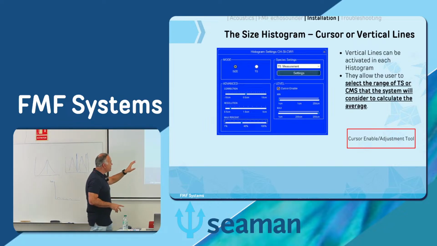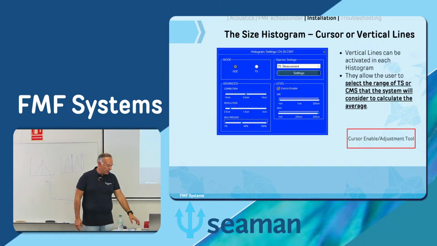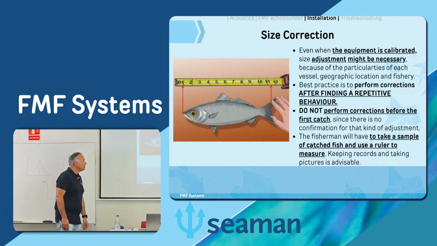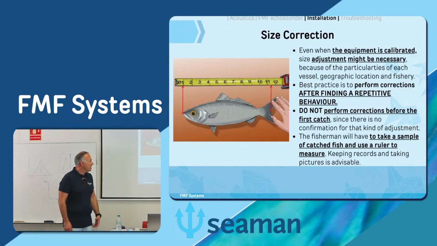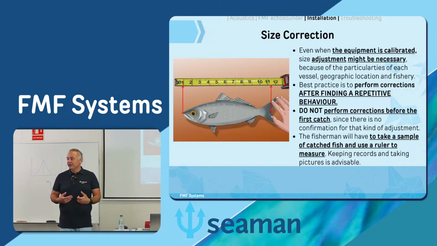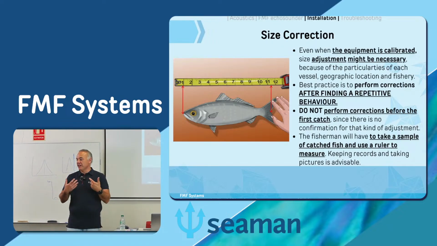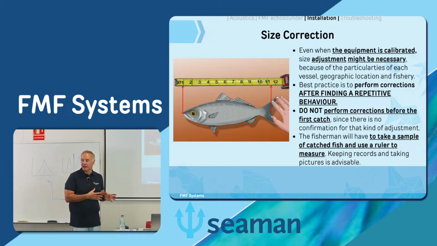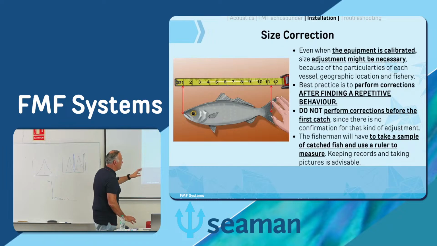We use this only after we find that there is a constant and repetitive behavior of the measurement. If we always measure and we identify that the system is always measuring 2 or 3 centimeters smaller than real, we use this correction.